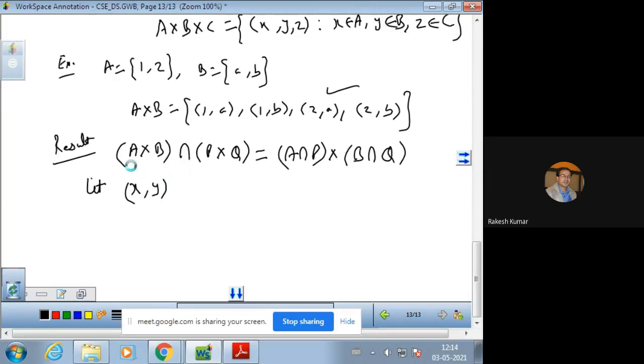We want to prove two sets equal. This set will be equal to the other if this set is a subset of it and it is a subset of this set. So for proving the subset, we shall take an element in the left hand side set. So this belongs to (A cross B) intersection (P cross Q).